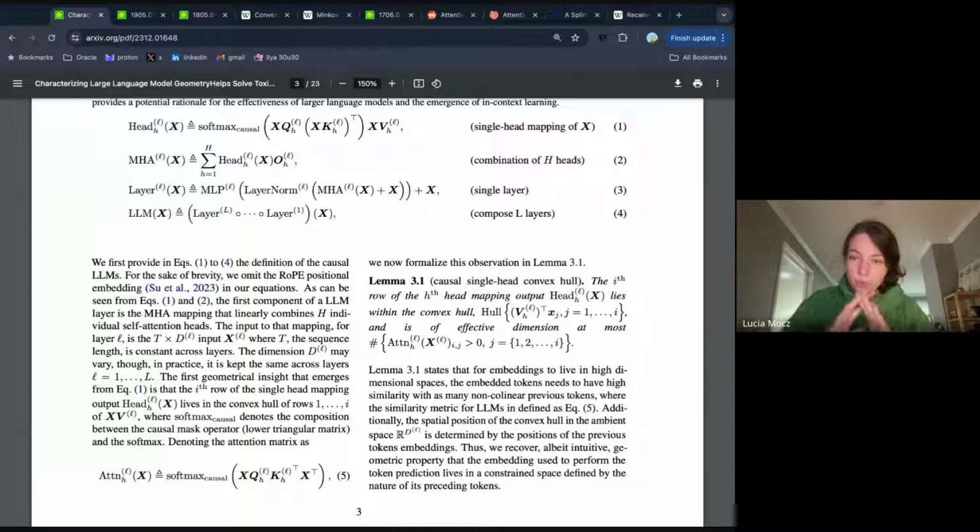If we're looking at the entire space of all possible embeddings, all possible tokens, we could predict any token whatsoever. What this is saying is that the next token prediction is going to be determined by the convex hull of this. So we have a more directed way of understanding how these tokens are predicted.